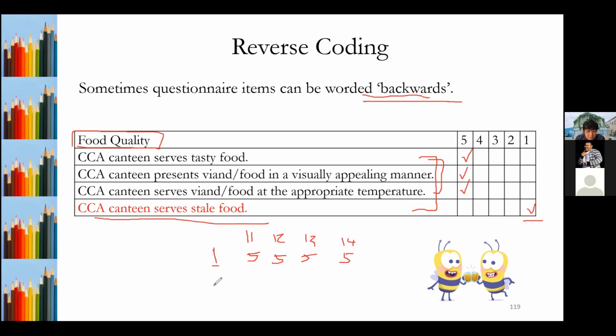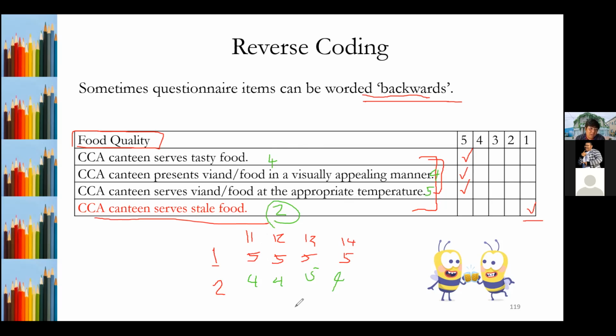Okay? Same is true, let's say si respondent 2. Let's say si respondent 2 ang sagot niya dito is 4, dito is also 4, dito is 5. And let's say dito ang sagot niya is 2. Okay? So paano natin itatabulate yan? So 4, 4, 5. Dito ang opposite ng 2 would be 4.